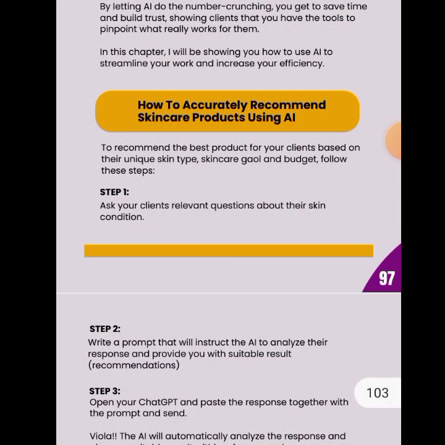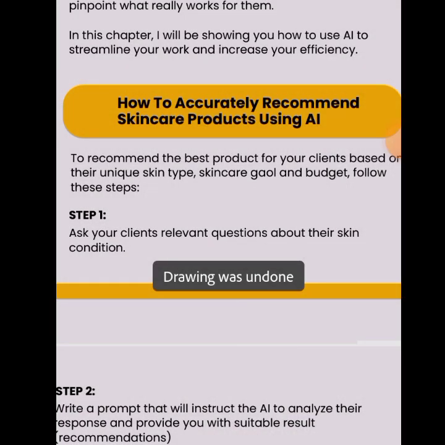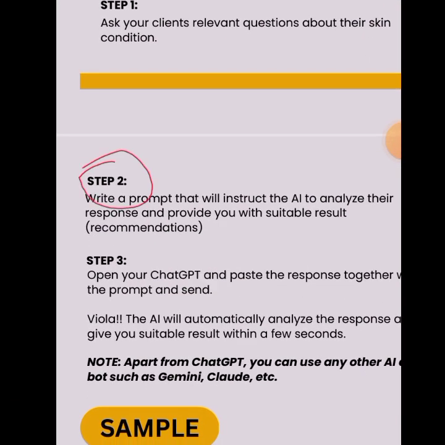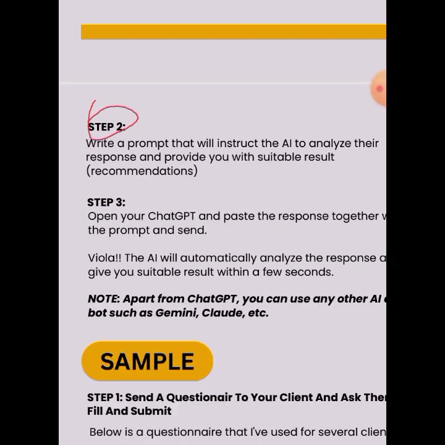Okay, so to recommend the best product for your client based on their unique skin type, skincare goal, and budget, follow these 3 steps. The first step is to ask your clients relevant questions about their condition. Step 2, write a prompt that will instruct the AI to analyze their response and provide you with suitable results. We are going to see how to do that as we proceed.